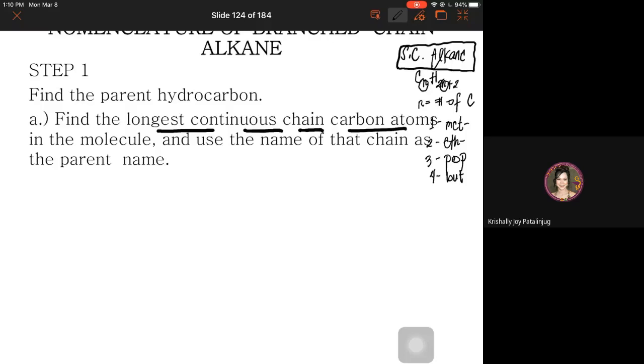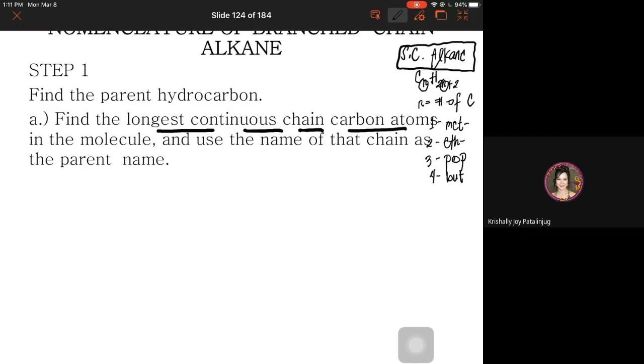Longest, meaning pinakamahaba, and continuous, meaning tuloy-tuloy. When we say chain, we mean linkages of carbon atoms. So please take note: the longest continuous chain of carbon atoms is the parent chain.